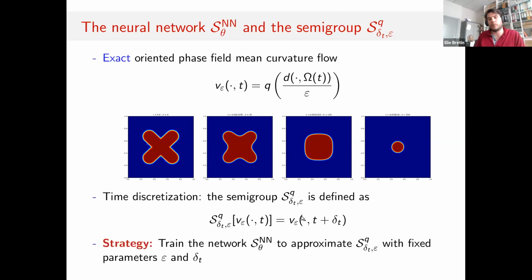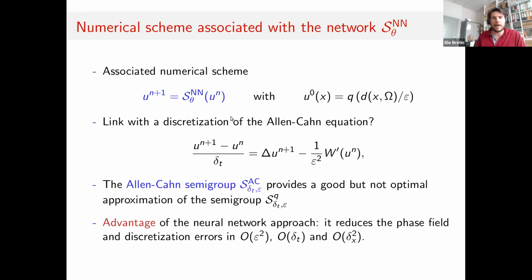This semigroup consists simply in considering the solution at the time t and obtaining the solution at the time t plus delta t. So we fix delta t and epsilon, and the whole problem consists in approximating this semigroup with a neural network S theta.